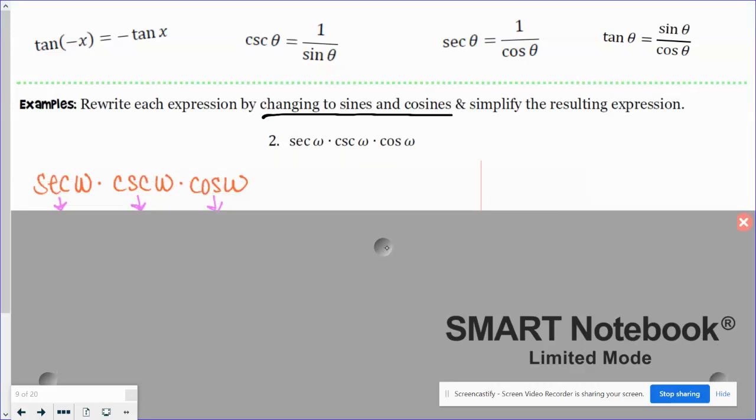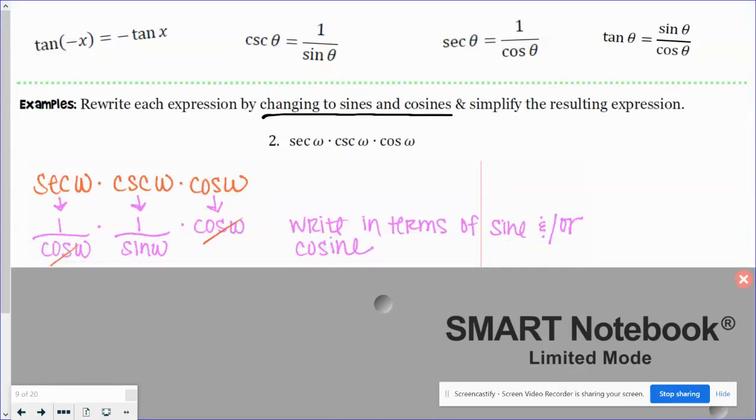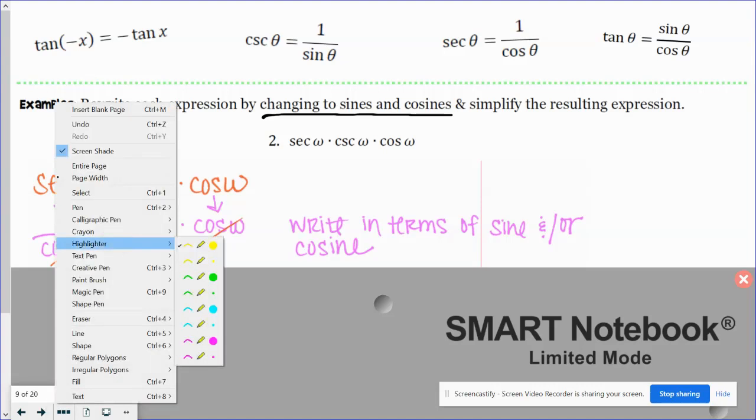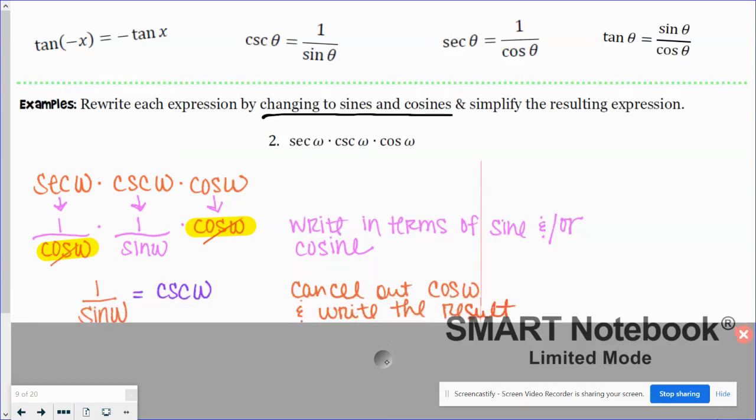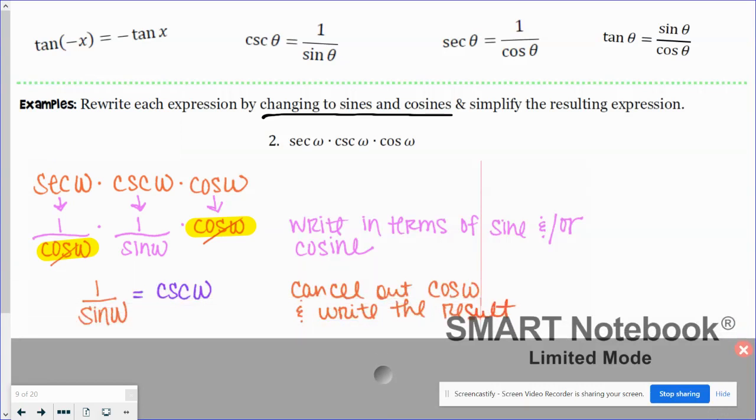I rewrote secant as 1 over cosine, cosecant as 1 over sine, and cosine didn't need to be rewritten at all. Then I noticed there's a cosine on top and a cosine on the bottom. You know what that means. They cancel out. What I'm left with is 1 over sine, which is simply cosecant omega, and that's my final answer.